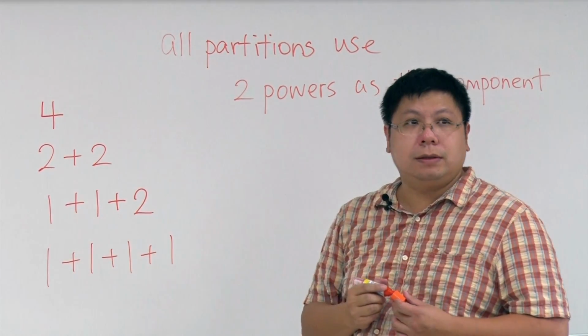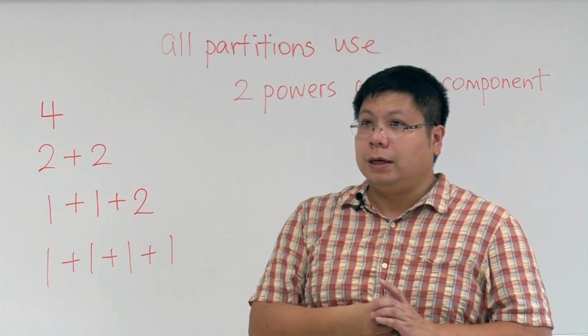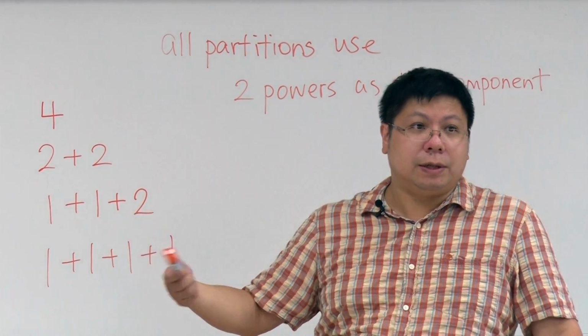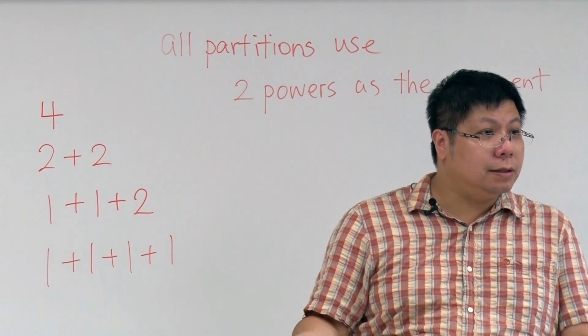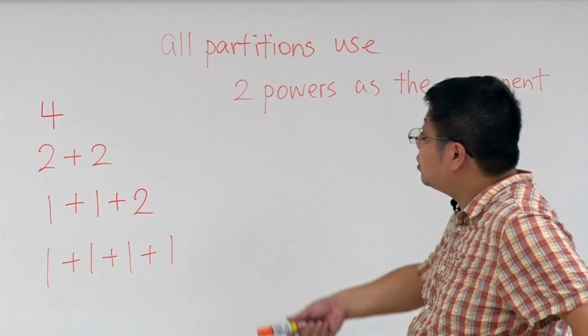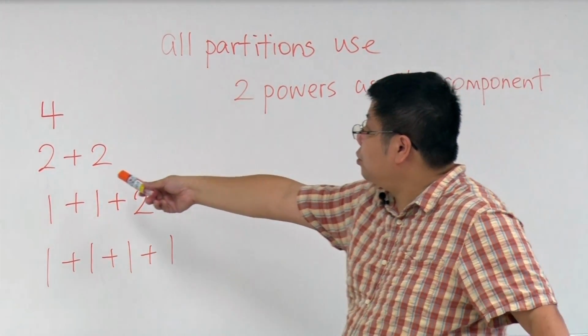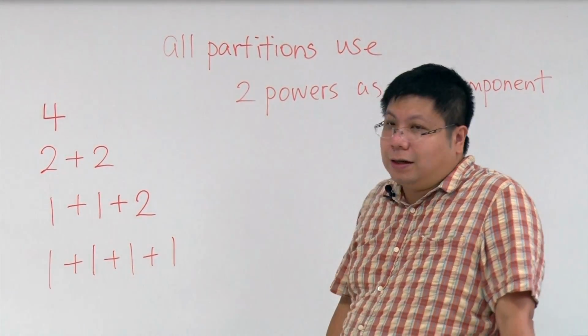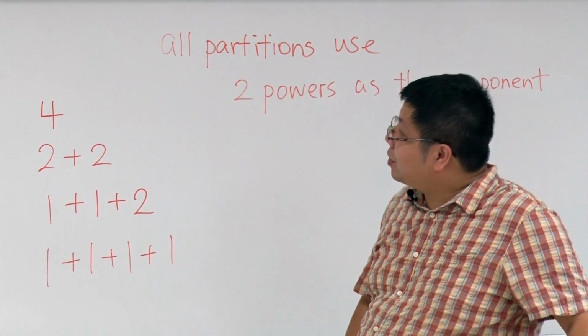So we are talking about how to partition 4 into a sum of powers of 2. So they can be 1, they can be 2, they can be 4, they can be 8. So each part has to be a power of 2. Okay? And what else? Let's test your observation.